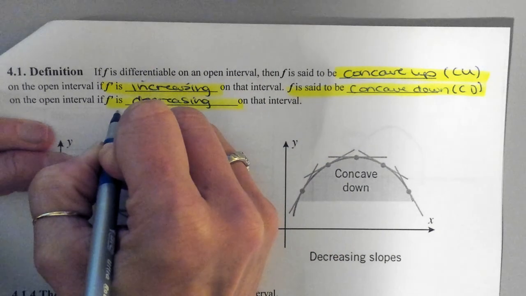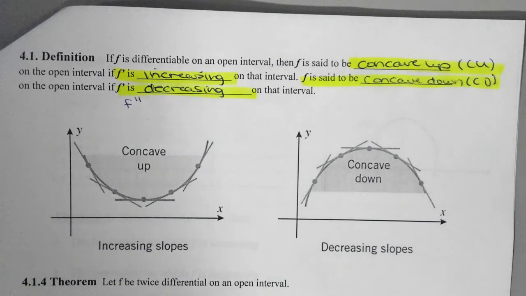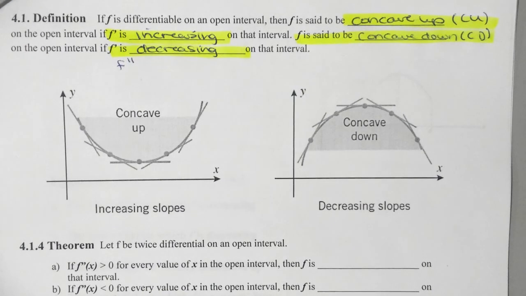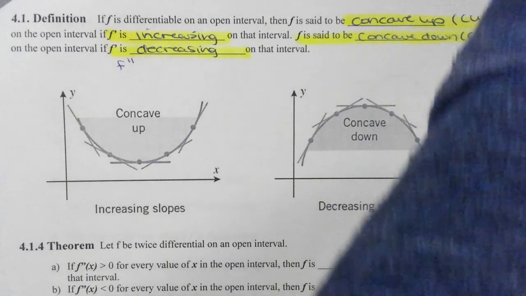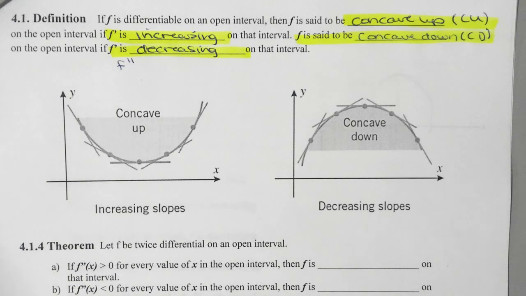So what we're looking at is f double prime. It's the slope of the slope. As I said before, when we're reading a graph, we are reading a graph from left to right, true? So what we're looking at is what is happening to the slope of the slope.